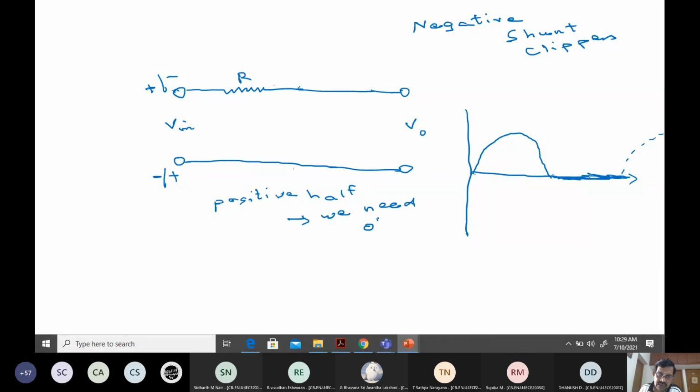If it is shorted, the output will be 0. But if it is not shorted, when will the diode be shorted? When the diode is under forward bias. So I obviously need to connect in the positive of a reverse bias.